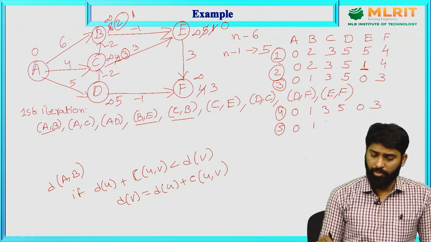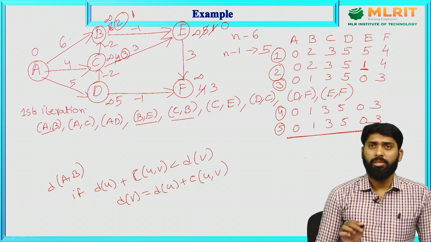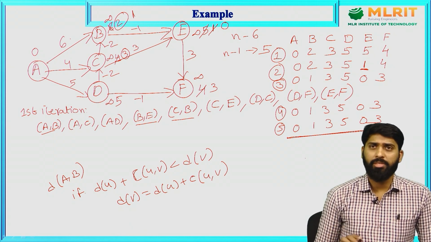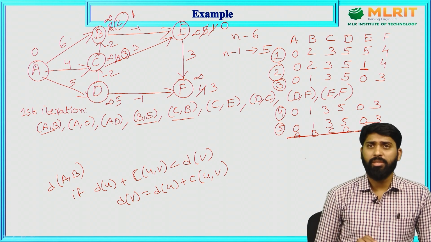Now these are the shortest paths from source A to the remaining vertices in the graph. A to A is 0, A to B is 1, A to C is 3, A to D is 5, A to E is 0, A to F is 3.